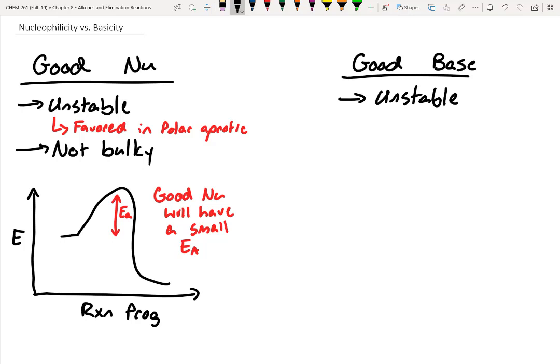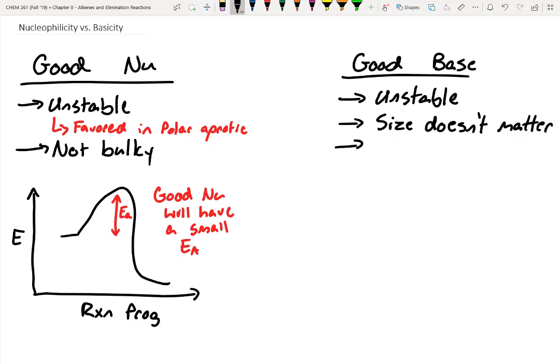All right, let's think about size. Does size impact basicity? Did we look at size at all during our acid-base chapter? No. So size doesn't matter. What about solvent? Does solvent matter a whole heck of a lot for bases?